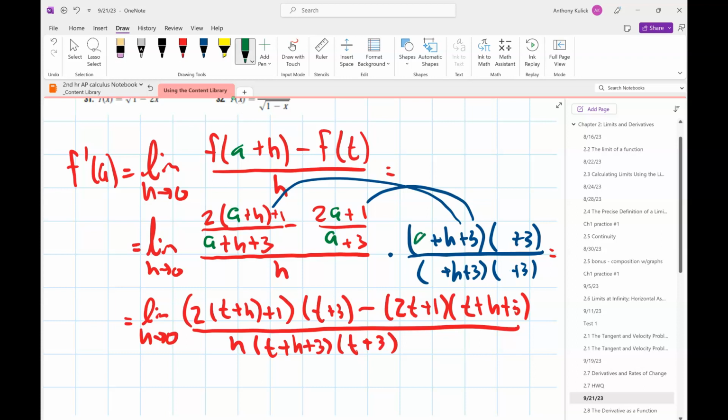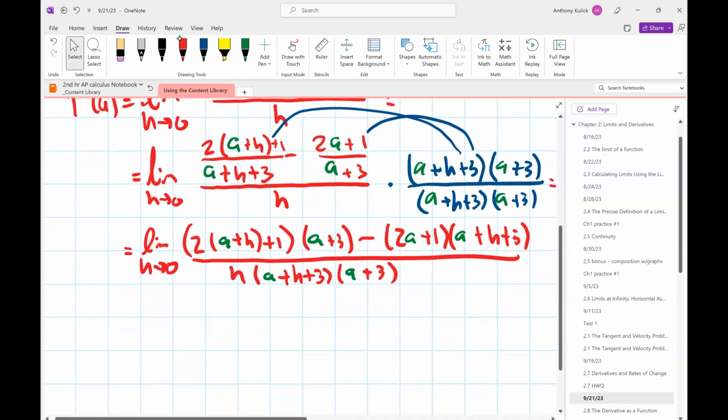Thanks. Got about 100 t's to change out now. Because the problem wanted f prime of a, right? So whatever, t, a, what's the difference? Shouldn't make a difference, but let's follow the directions.